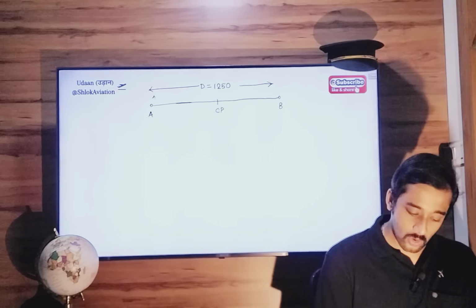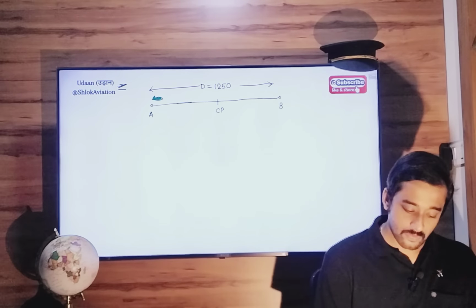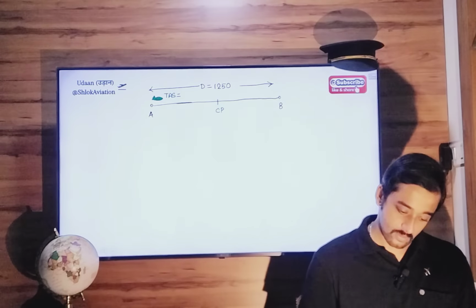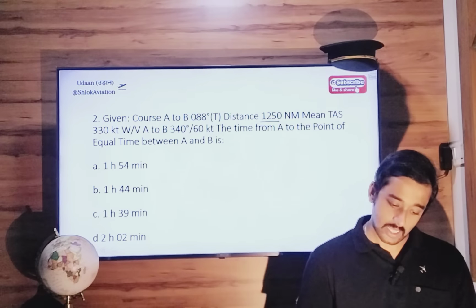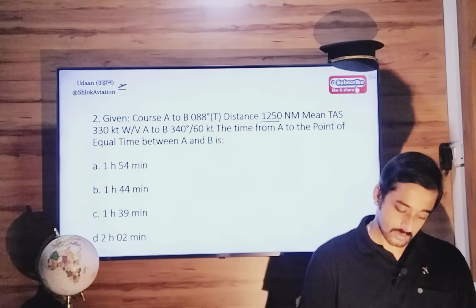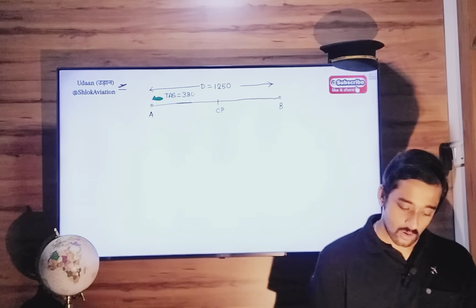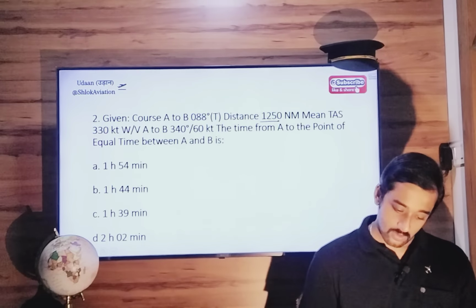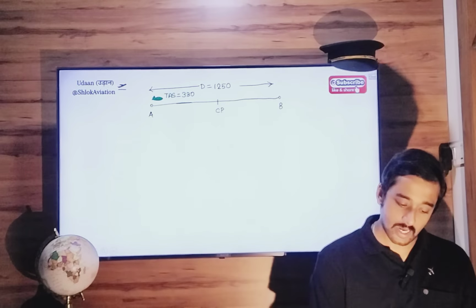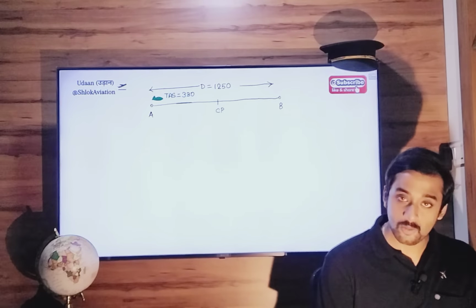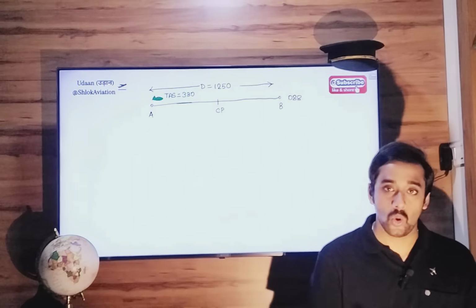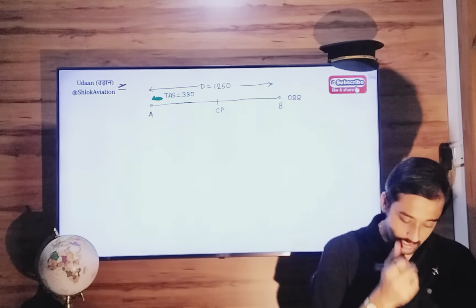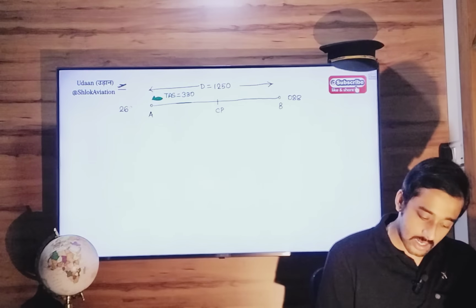Going outbound, your aircraft task is 330 knots. Winds are coming from 340 at 60. What is the track? 088. Outbound track is 088. So homebound track will be 088 plus 180, that is 268 degrees.